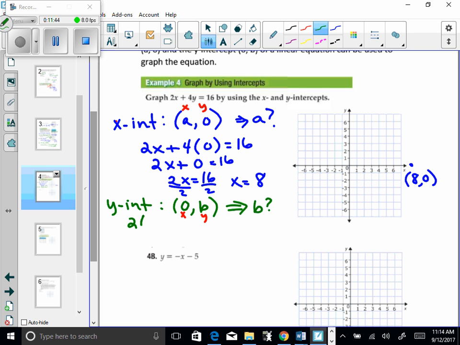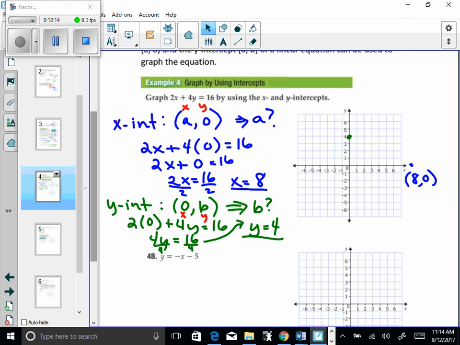So now I'm replacing x with 0, and I'm going to solve for y. So this gives me 0 plus 4y, so just 4y equal to 16. And when you divide by 4, you get y equals 4. So I know on the y-axis, I want to put a point at 4 on the y-axis.